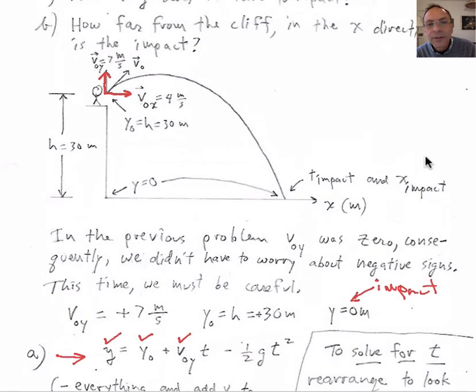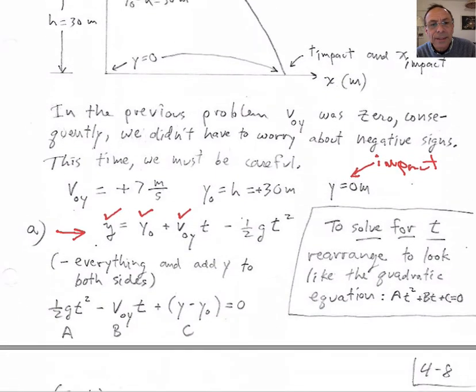It's a given, 7 meters per second. And we know what g is, it's 9.8. The thing that we don't know is the impact time. But we have this formula here, this equation, and we can solve for t.